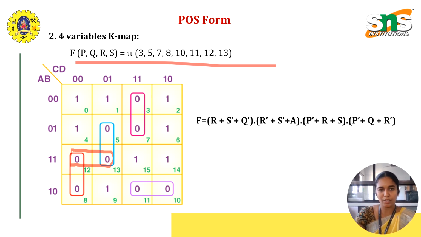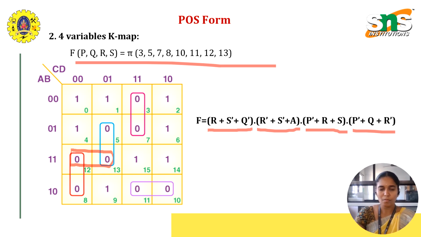Here also we have 4 groups, so we have to multiply all the groups: group 1, group 2, group 3 and group 4. We calculate the rows plus columns, the row value and the 2 column values. If the variable is both 0s and 1s, we can neglect that one, and the common variables are added.